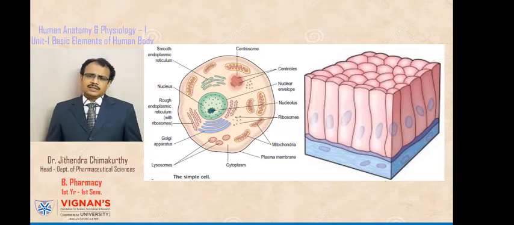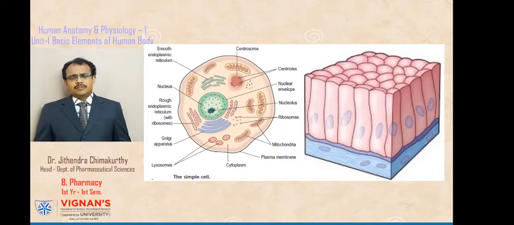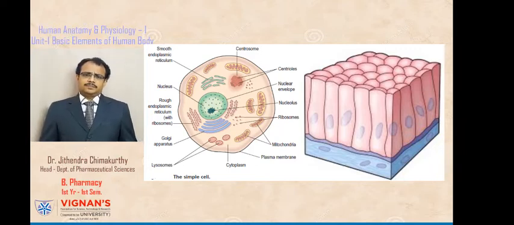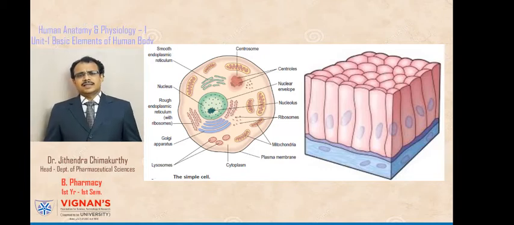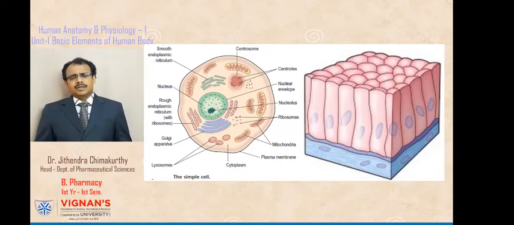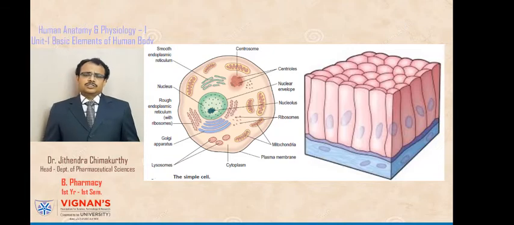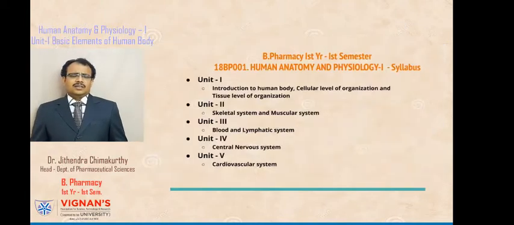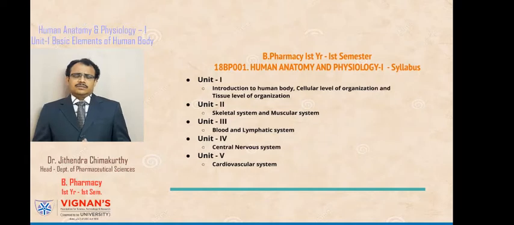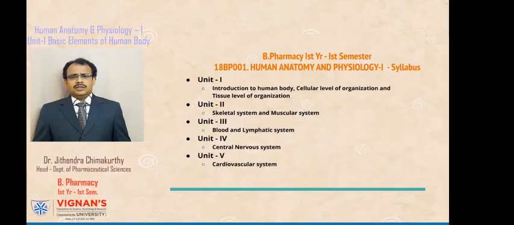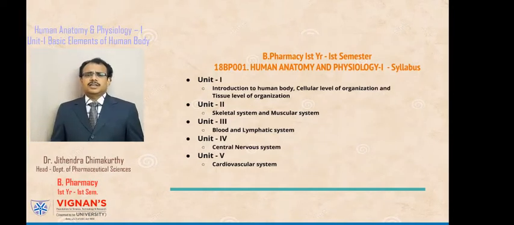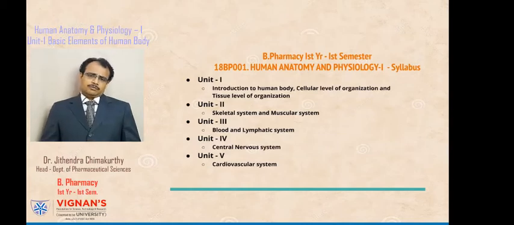What are the organelles of the cell, their functions, and how do the cells communicate with each other, and how are the cells held together in the organ or in the body, and what are various tissues, what are the functions of those tissues, and all those things which are fundamental to the human body will be studied under this unit 1.